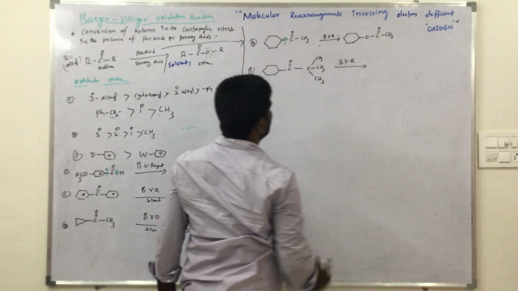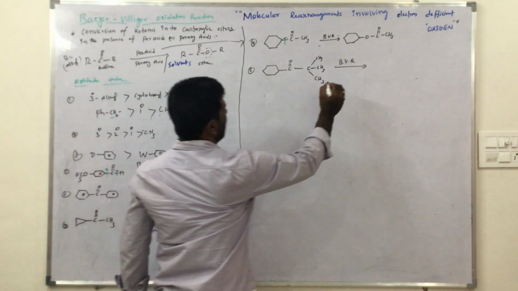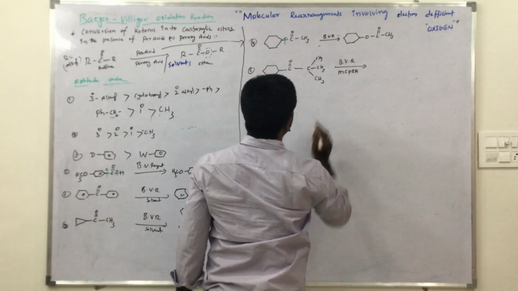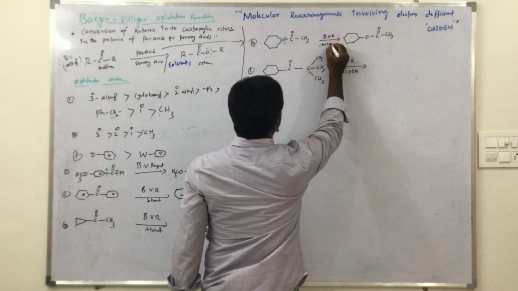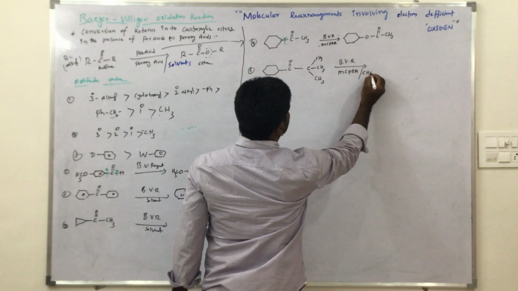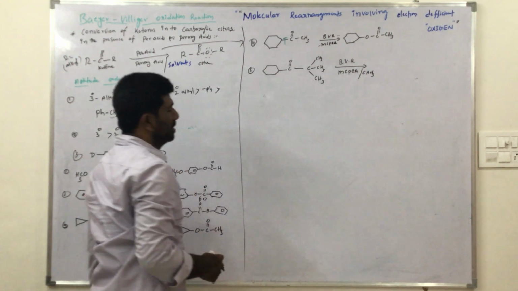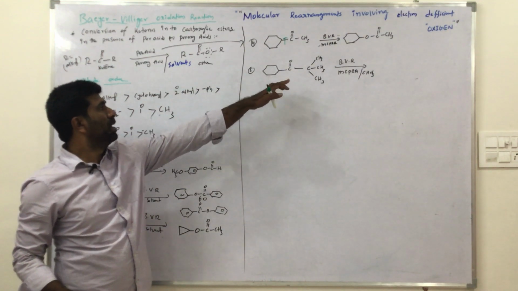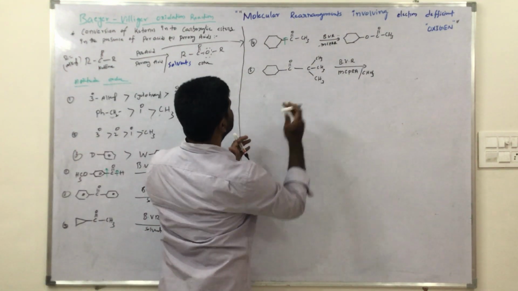Baeyer-Villiger reagent, or generally MCPBA, here also MCPBA in the presence of CHCl3, right? Now here we have the cyclohexyl group and this is tertiary.